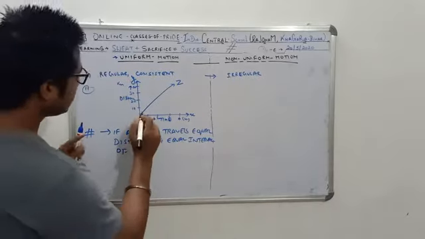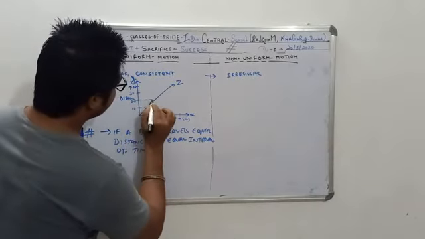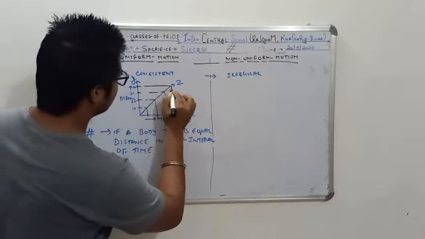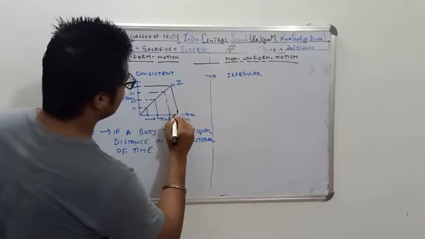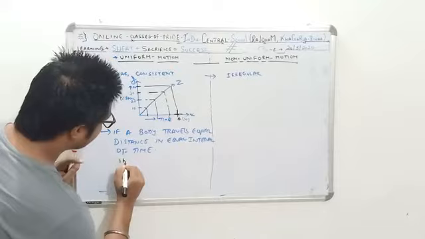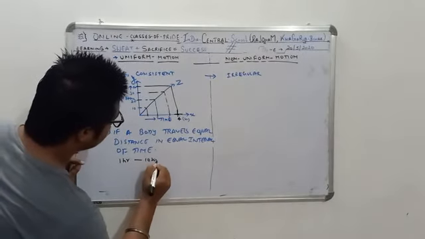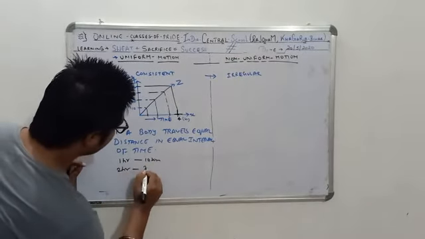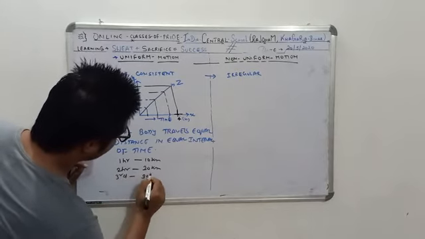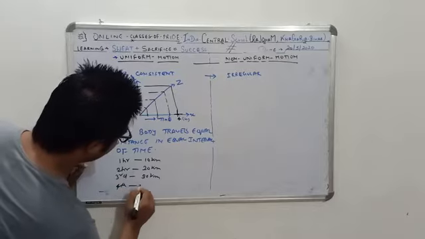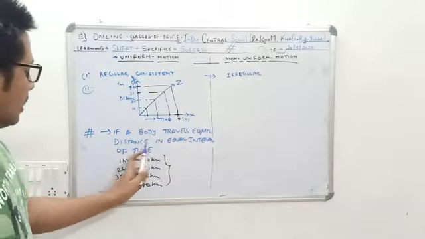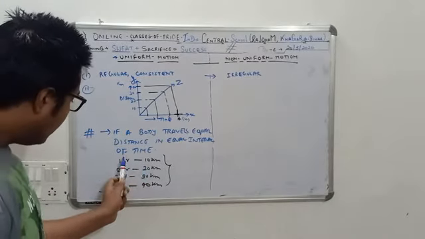So in the first hour it has traveled 10 kilometers, in the second hour 20 kilometers, in the third hour 30 kilometers, and in the fourth hour 40 kilometers. A body is traveling equal distances in equal intervals of time.